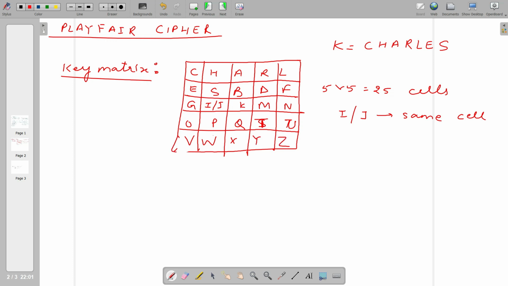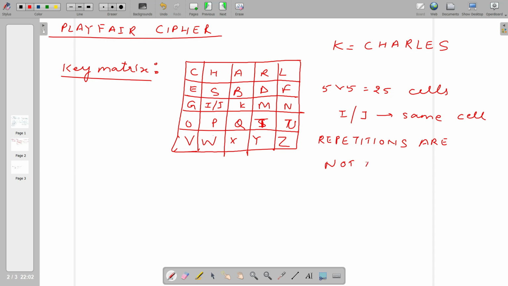So this is now the key matrix. Everything we are going to do, we will do with the help of this key matrix. So it is very important to write the key matrix correctly. This key matrix does not allow any repetition. Repetitions are not allowed, which means a single letter cannot come twice.